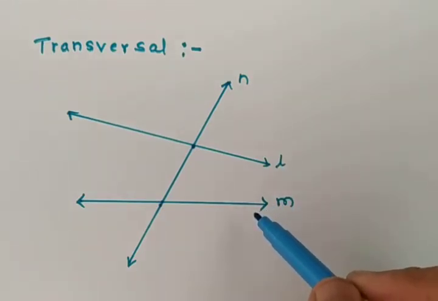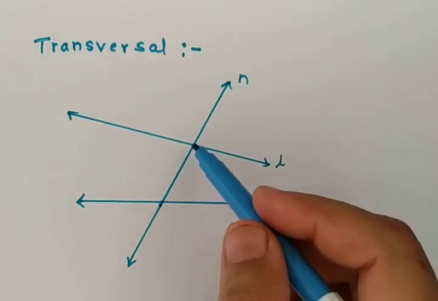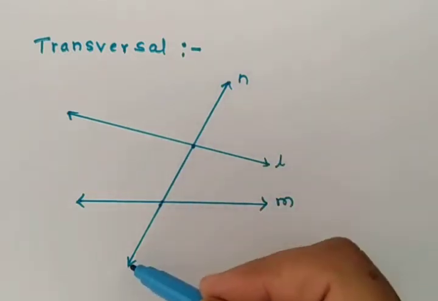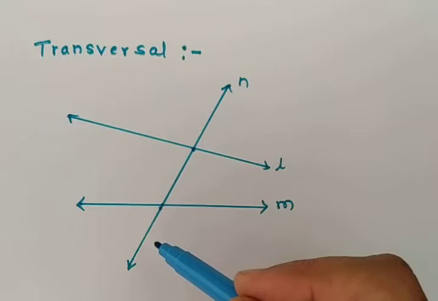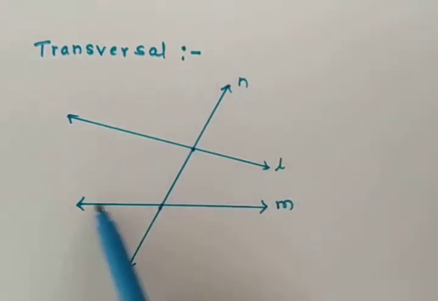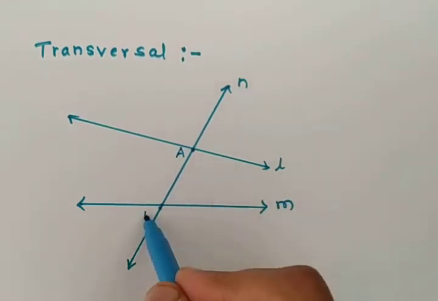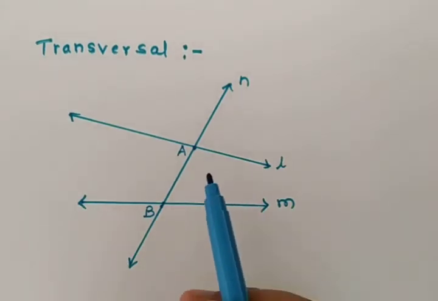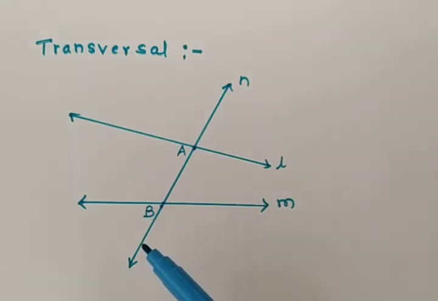So here line N is a transversal to lines L and M, at points A and B respectively. I hope all of you understood the concept of transversal, which line is said to be a transversal.